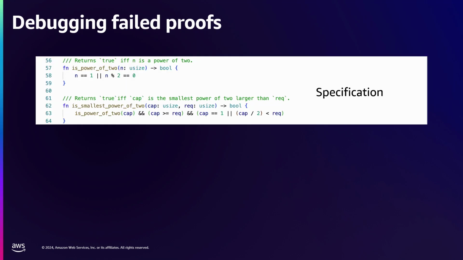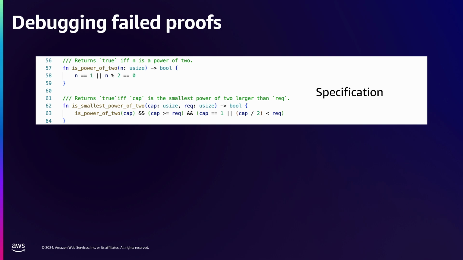So I'm going to look at the logic we use to resize the buffer as an example. And the shift in mindset is, even before starting to implement the resize method, you have to ask yourself, what do I want this function to do? And the answer in that case would be, given a current capacity and a requested capacity, I want the resize function to return the smallest power of 2 possible to hold that capacity.